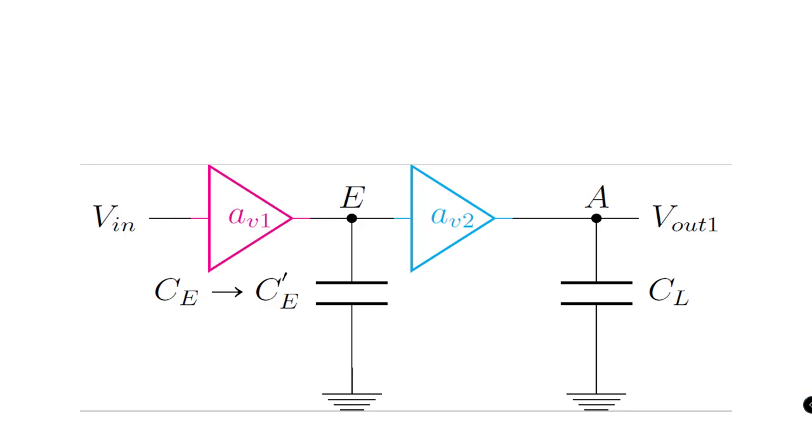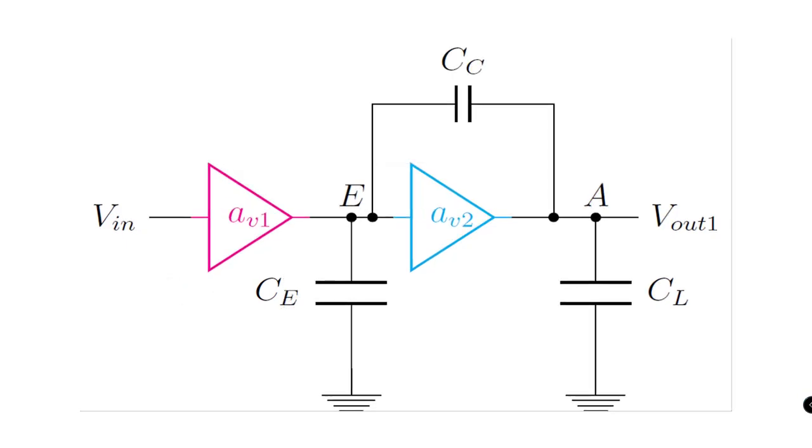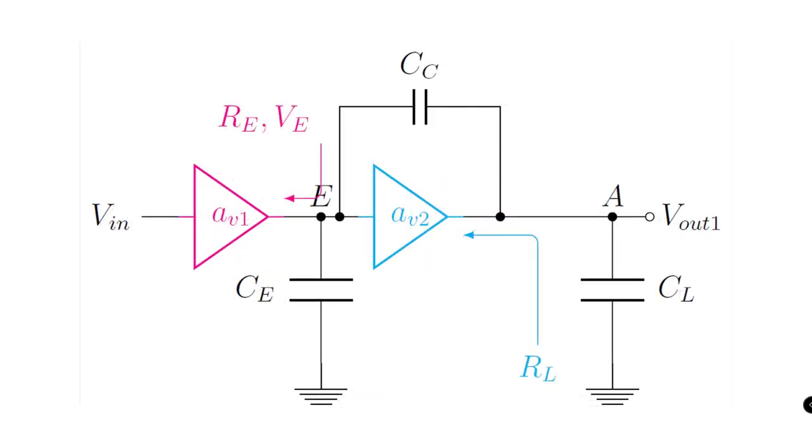Now, the way to realize such a large capacitance at node E is to use this Miller capacitor Cc around the second stage, which we have already seen can introduce a large capacitor at node E. Now, to reevaluate the poles, let us simplify the block diagram by replacing the first stage with an equivalent Thevenin's resistance, denoted by Re, and the Thevenin's voltage at node E as VE.